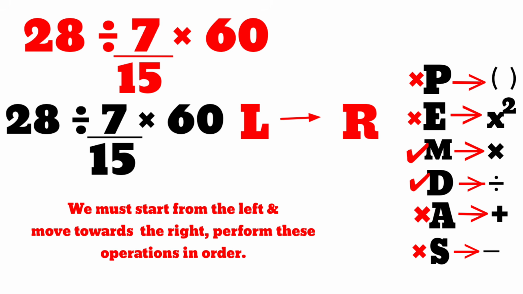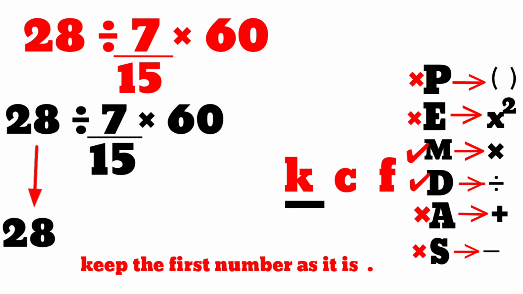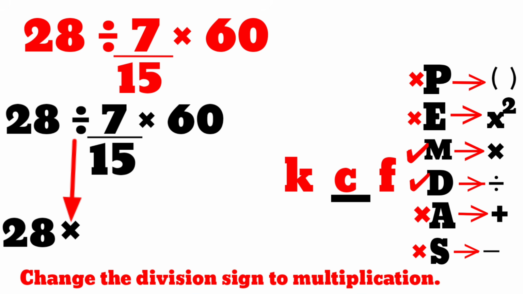Use the rule of KCF. K stands for keep the first number as it is, like this right here, 28. C stands for change the division sign to multiplication.